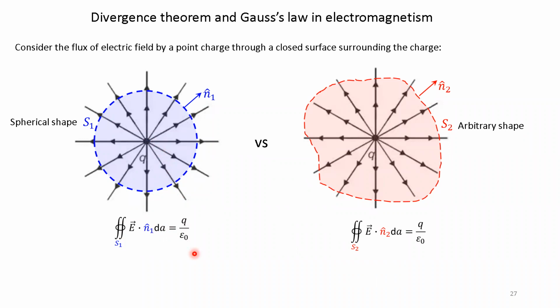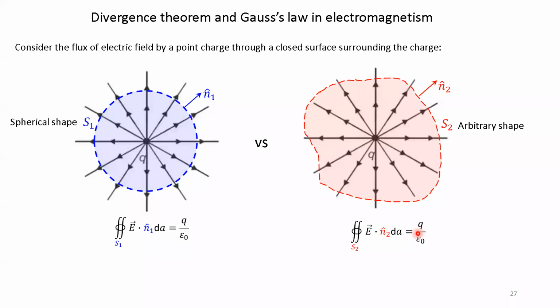And the important point is that it doesn't matter how you draw the closed surface. It can be a spherical surface, or a surface of this irregular shape. As long as your closed surface is enclosing your charge, the flux of the electric field is still given by Q divided by epsilon naught.